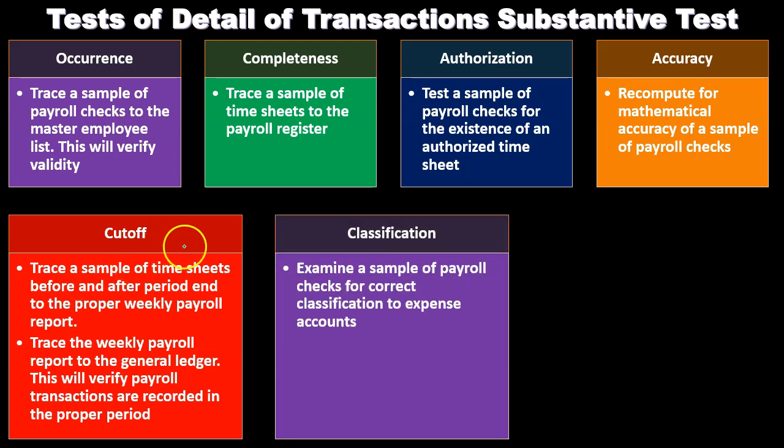And then we have the classification. Examine a sample of payroll checks for correct classification to expense accounts. So we want to go through the actual payroll checks and see the classification. Now, normally payroll expense would be the simplest type of classification, and then the employer portion of the taxes would be payroll taxes expense.